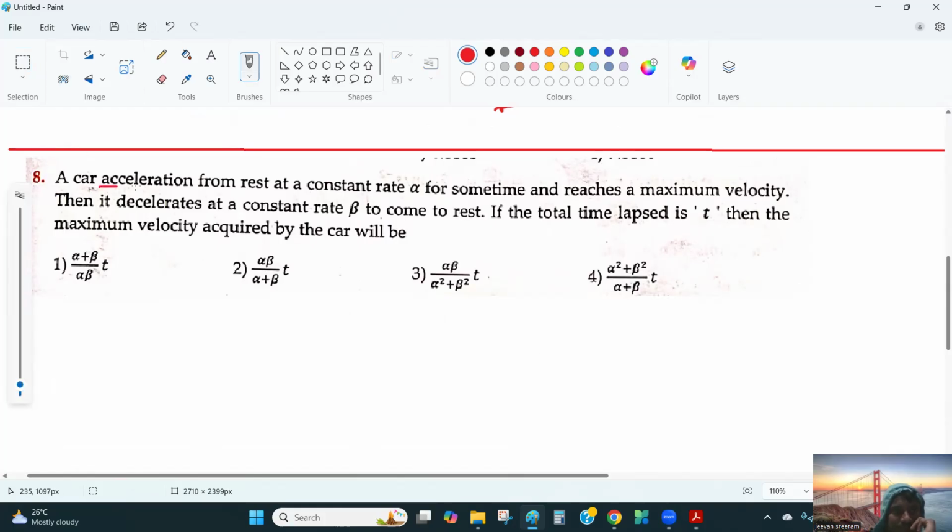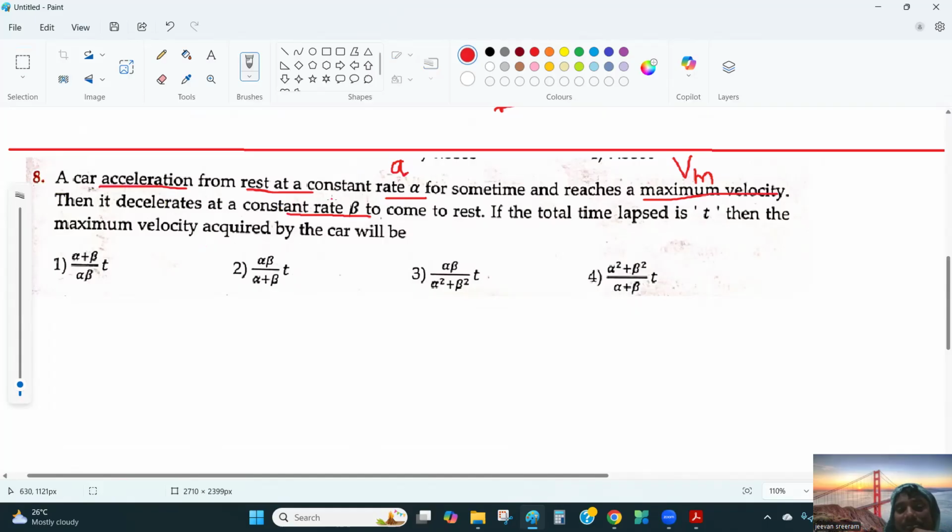Question: the car accelerates from rest with acceleration alpha and reaches the maximum velocity, as I told you, V max, and decelerates at a constant rate beta, retardation, and comes to rest. Once it reaches the maximum velocity, obviously it retards, because in acceleration velocity goes on increasing, and when it starts reducing, at that particular point its velocity is the maximum velocity.